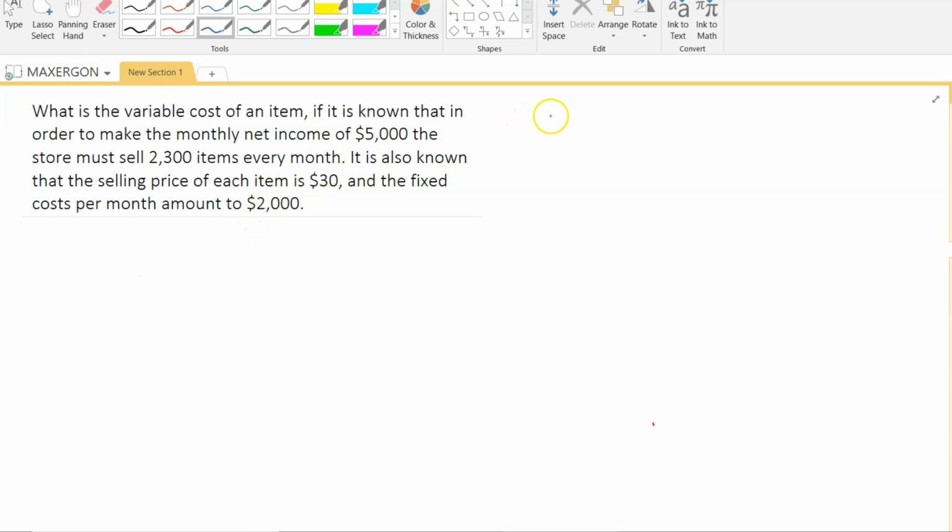Well, in order to solve this problem, we'll remind ourselves that total revenue is equal to total cost plus net income. Total revenue in this case is the number of items sold, 2,300, times selling price of each item, which is $30. That's equal to 2,300 times variable cost.